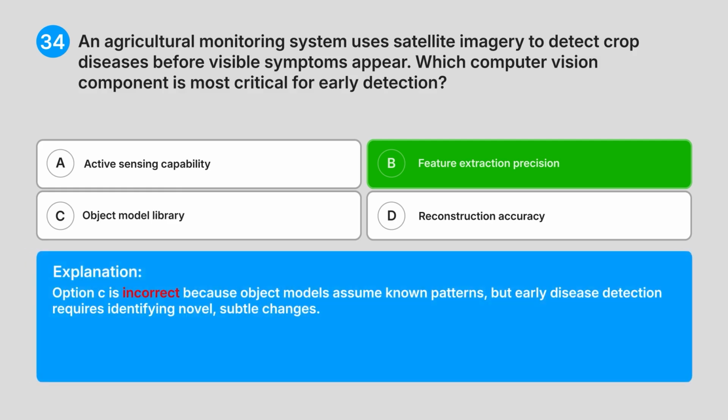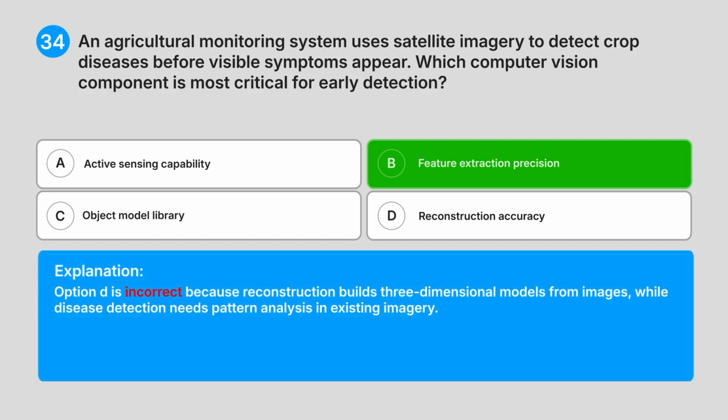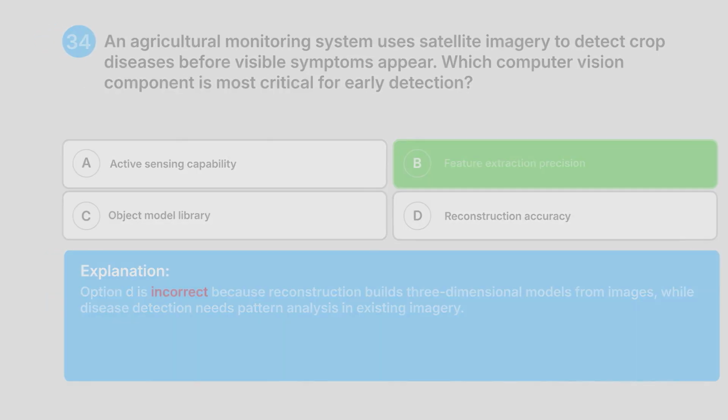Option C is incorrect because object models assume known patterns, but early disease detection requires identifying novel, subtle changes. Option D is incorrect because reconstruction builds three-dimensional models from images, while disease detection needs pattern analysis in existing imagery.